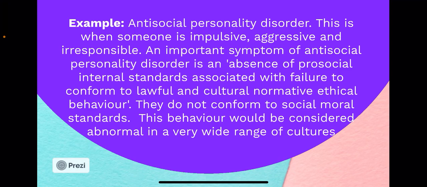This behaviour would be considered abnormal in a very wide range of cultures. So it's not as defined by generations or specific cultures, because one of the criteria is that they fail to conform to cultural normative ethical behaviour, the moral, ethical behaviour within the culture that they live in.